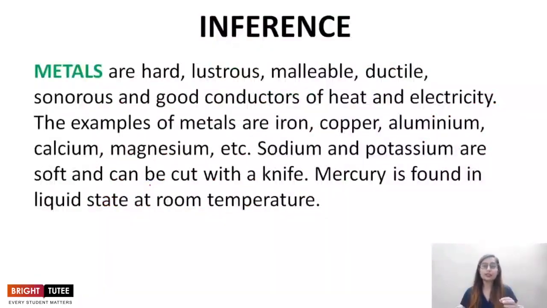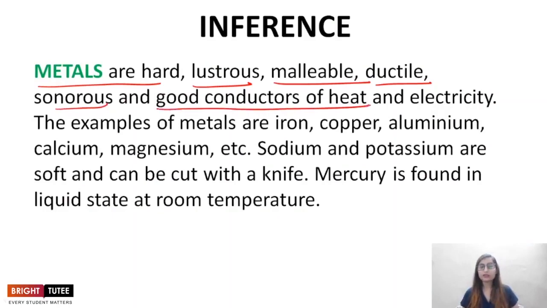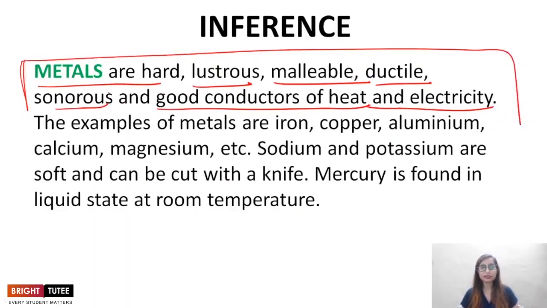So coming to the inference now, what is the inference? Metals are hard, lustrous, malleable, ductile, sonorous and good conductors of heat and electricity. These are all the properties listed down in this single line.